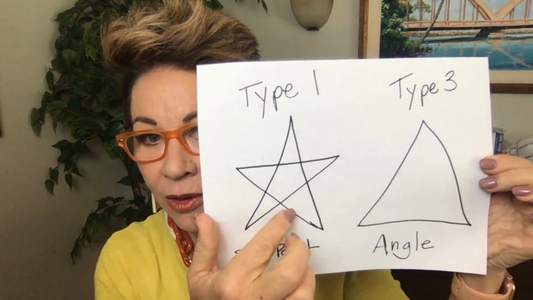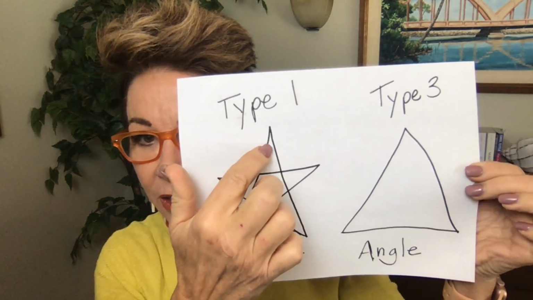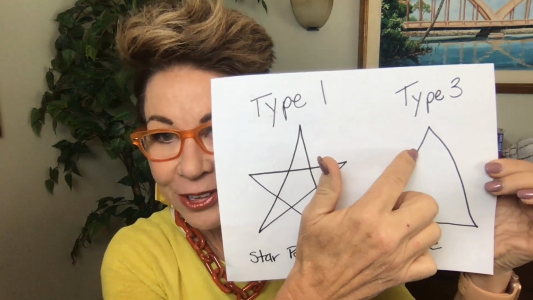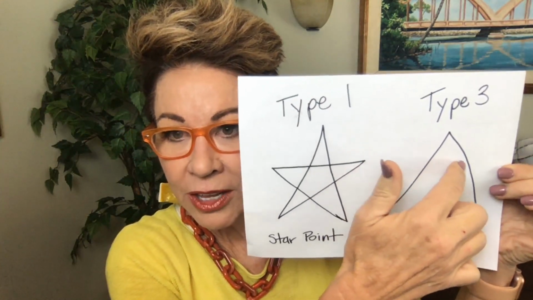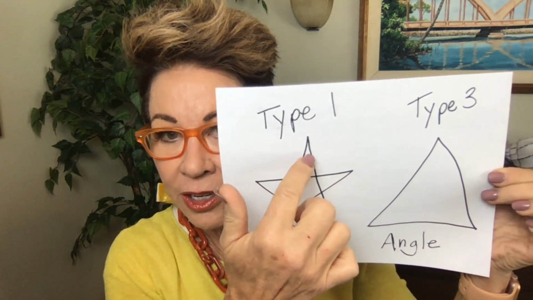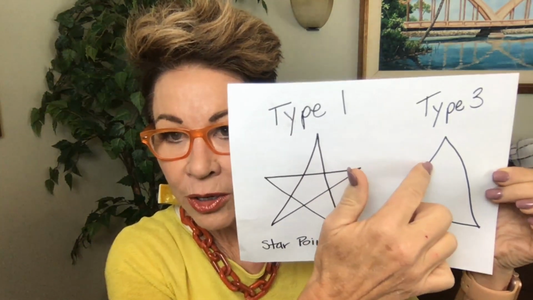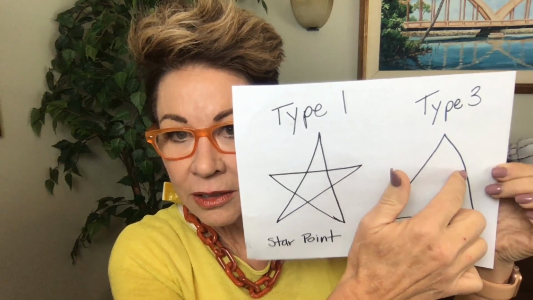The width of the, right here, look how narrow that is. Now I want you to look at this. This is much broader. See how much wider that is? The angle. The star point has a real narrow shooting up into the point. This is more wide and more substantial. So this is a sharper point on the type 1.